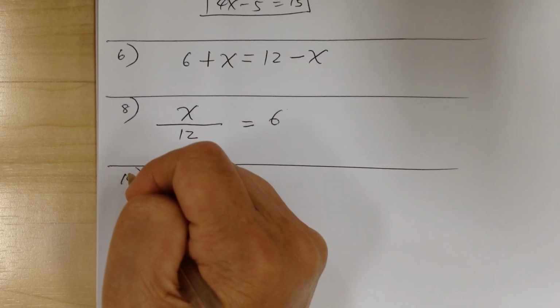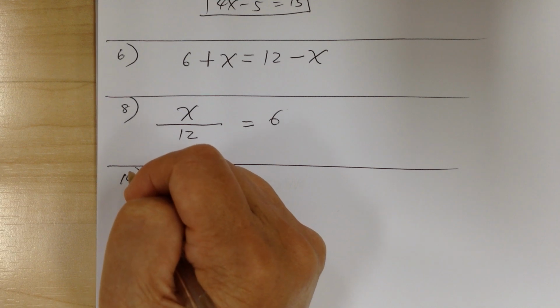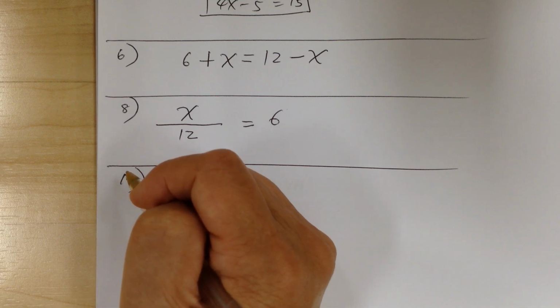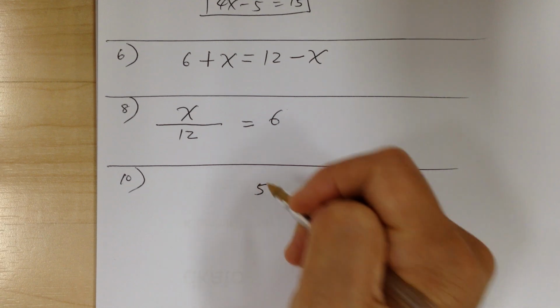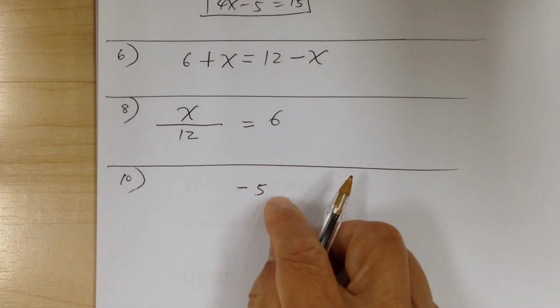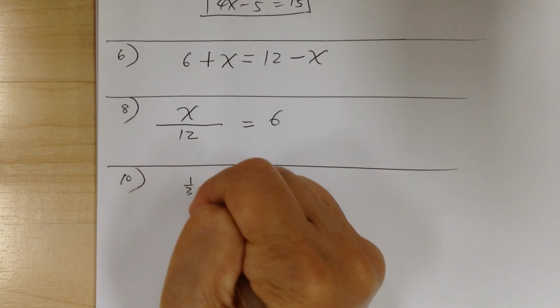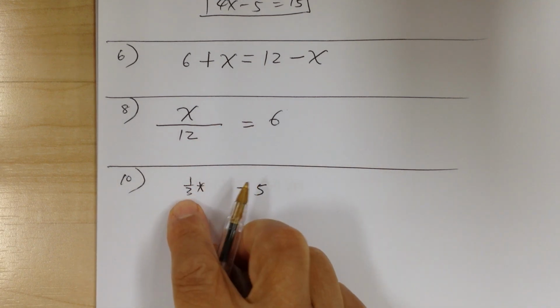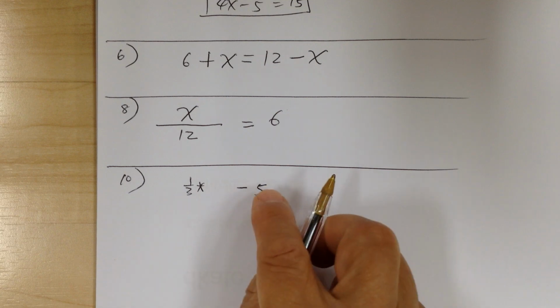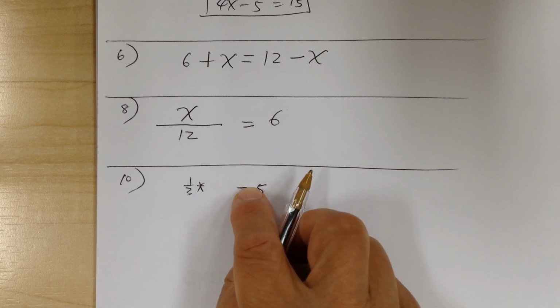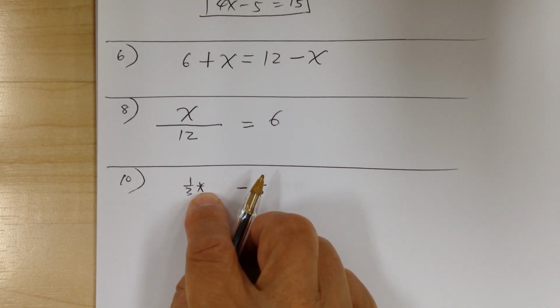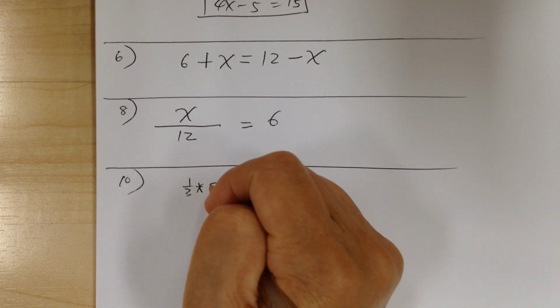Number 10. It says when 5 is subtracted from 1/3 of, and 1/3 of means multiply. So 5 is subtracted from 1/3 of an unknown number.